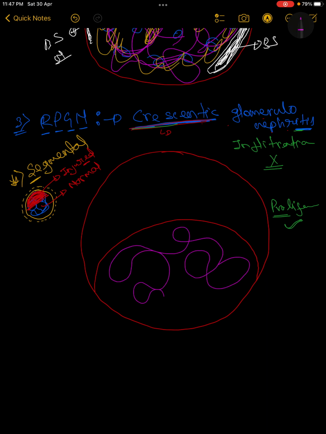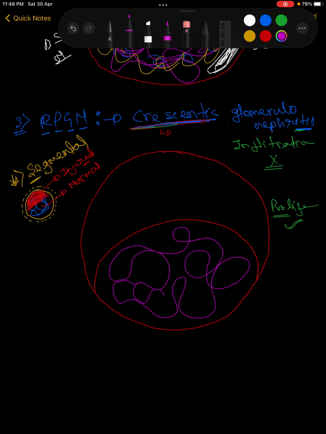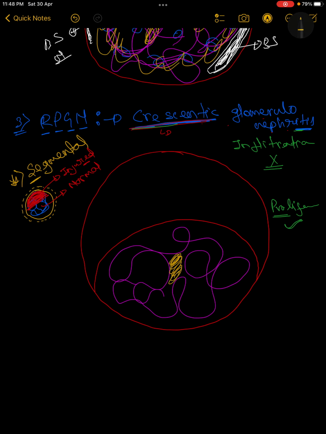So now think about, this is our capillaries, and in these capillaries, you already know we will find some mesangium and mesangial matrix. So this part is normal.